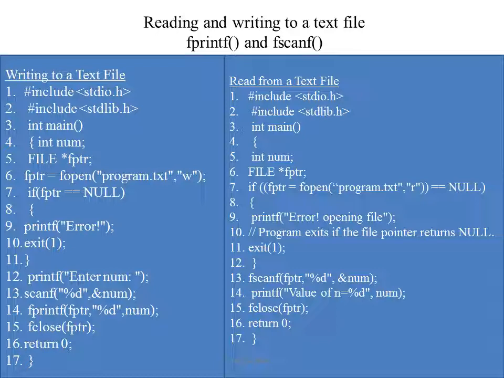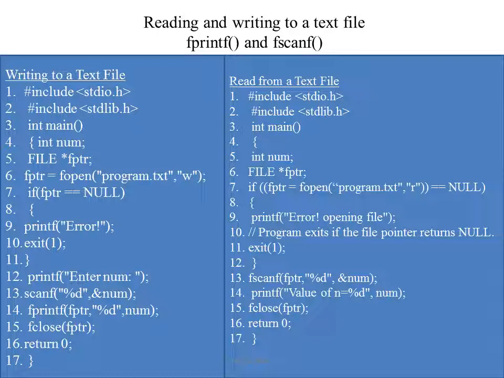If fptr equals fopen program.txt in read mode, that file will be opened and the pointer address will be copied in fptr. But if fptr is equal to null, we display an error opening the file and exit from the program. Otherwise fptr will be holding the address of program.txt in read mode.